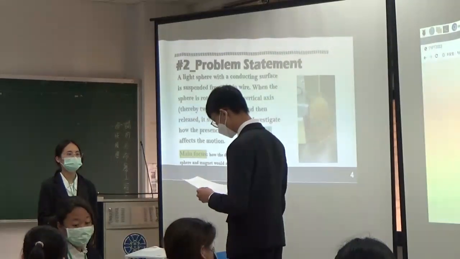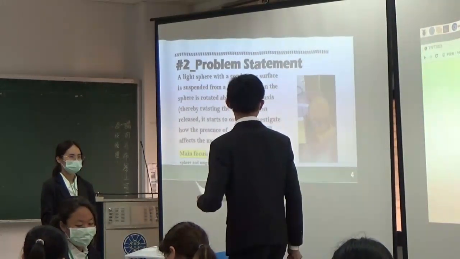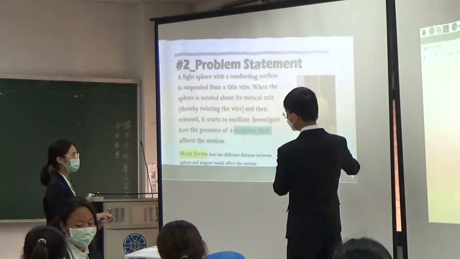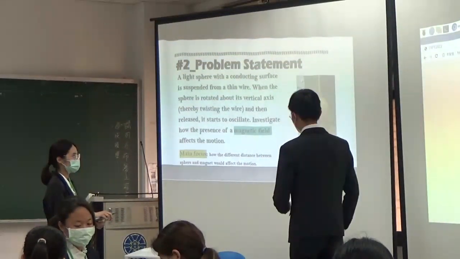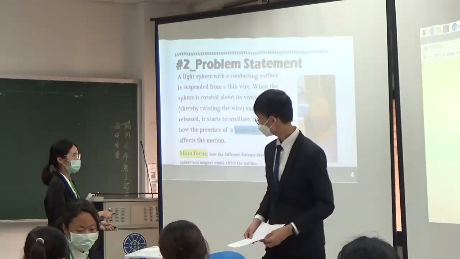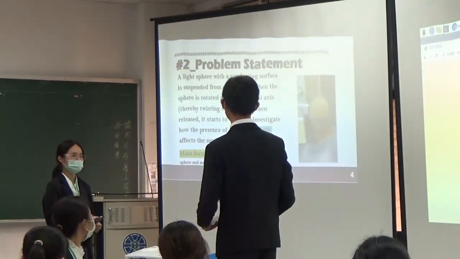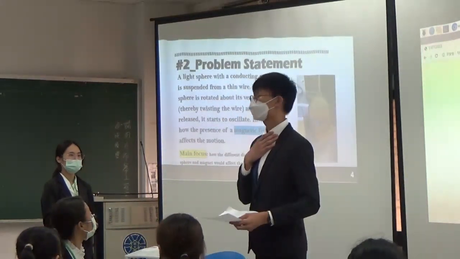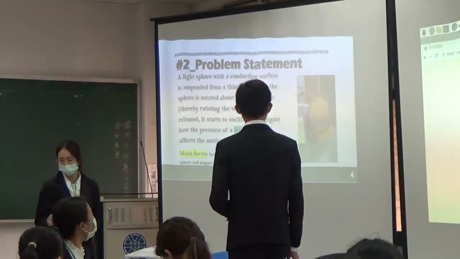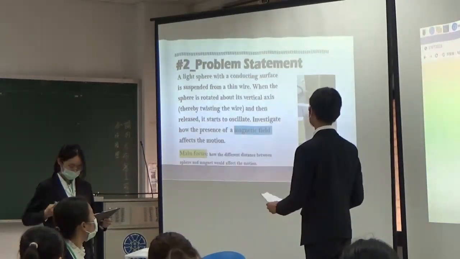And second, do you consider the wire friction affecting the rotation of this ball? You mean the rubber band? Yes. No. No? In the opponent's view, we think that the friction between the wire and this ball will cause the rotation decay.